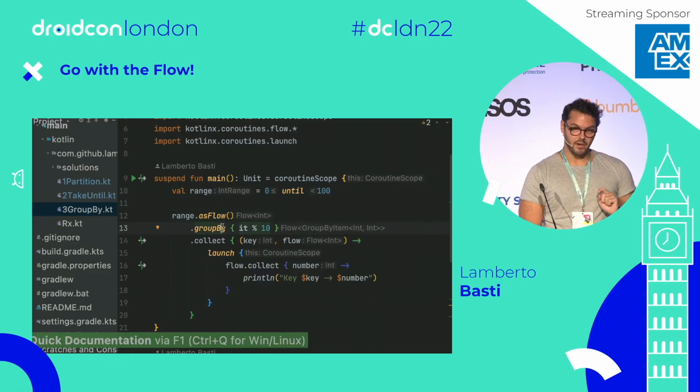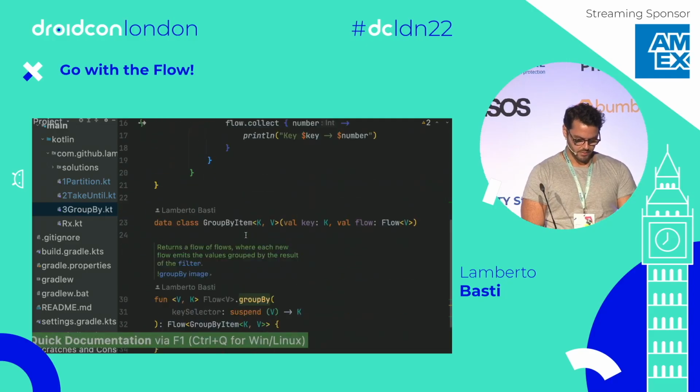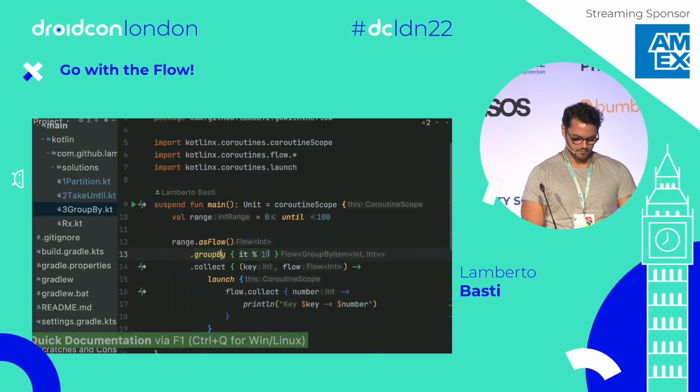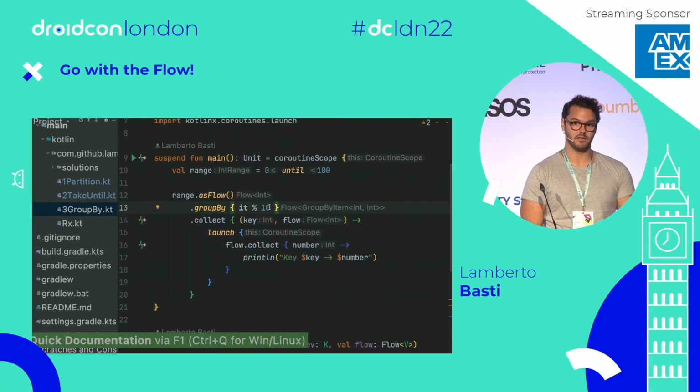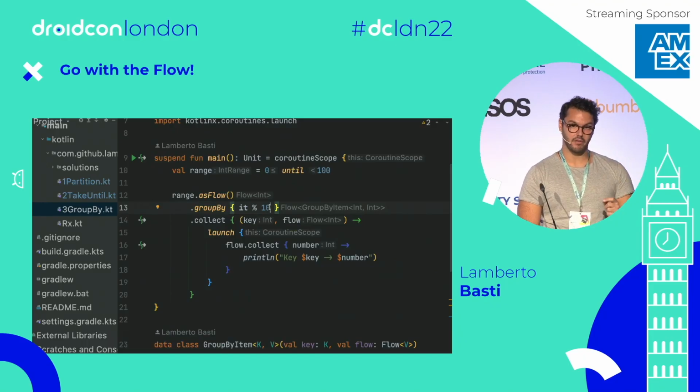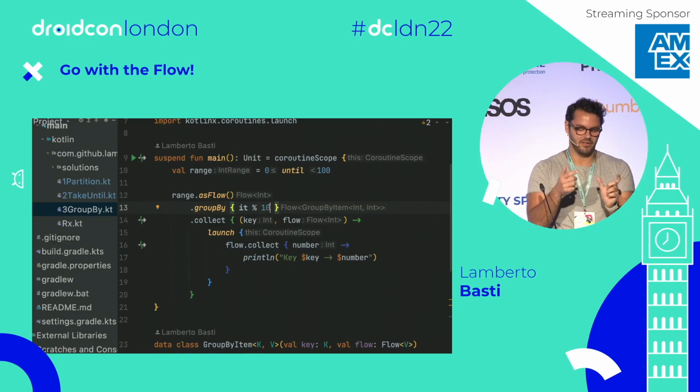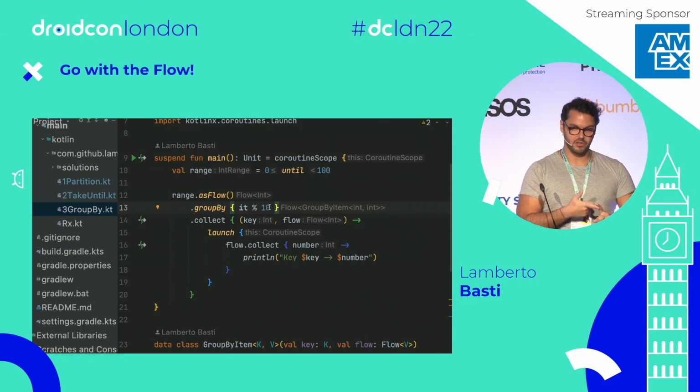We want to use the groupBy that we're going to implement in a moment down here, and we want to group it by the last number that we have, so the units basically. So for example, numbers 25, 35, 45 are going to have the key 5.